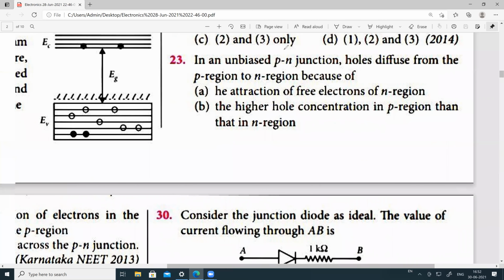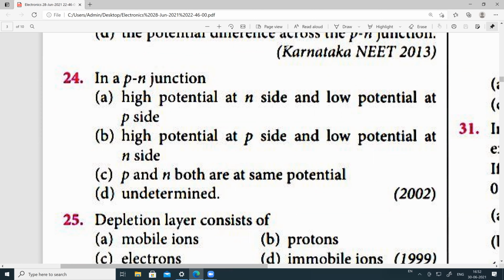Twenty-fourth one, in a PN junction, first option higher potential at N side and lower potential at P side. Second one, higher potential at P side and lower at N side. Third option, P and N both are at same potential. Fourth one, undetermined.